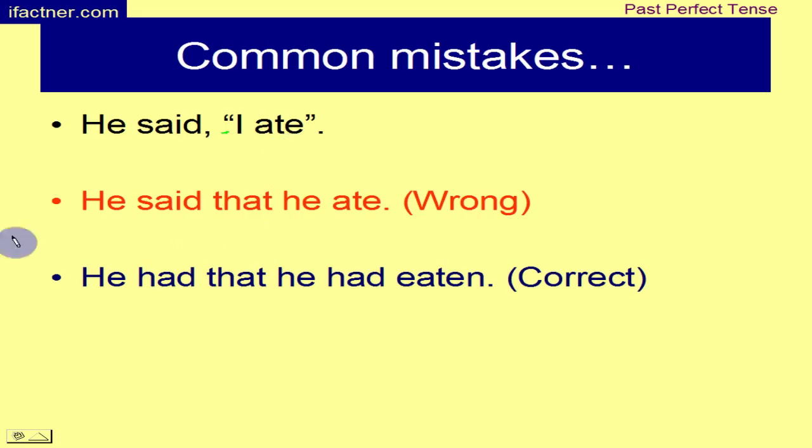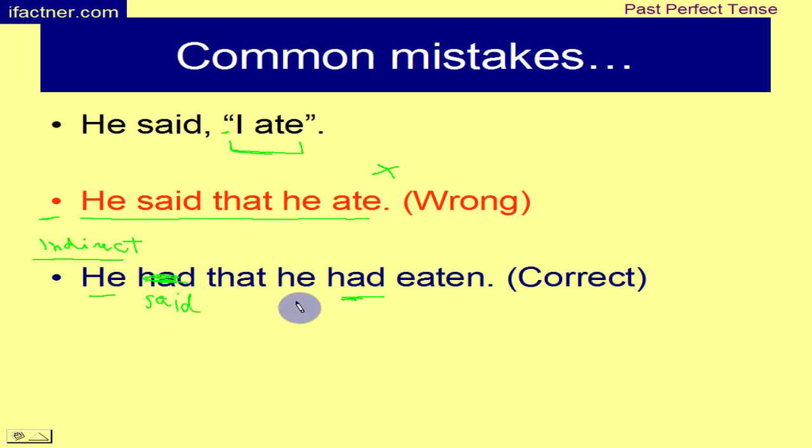And if we write it like this, he said that he ate, then it's in the wrong form because this past simple has to be changed into past perfect tense in the indirect speech. So for the indirect speech we will write he said that he had eaten.